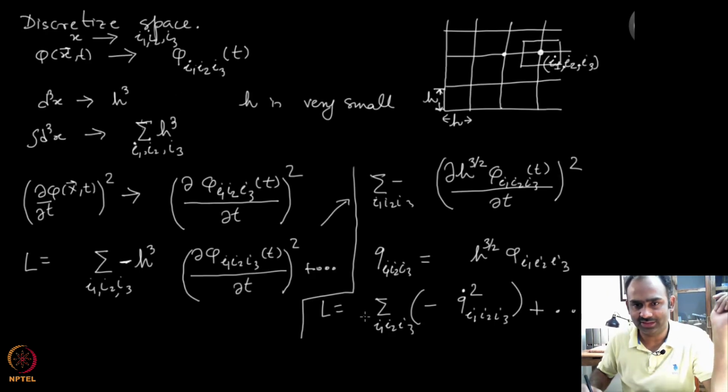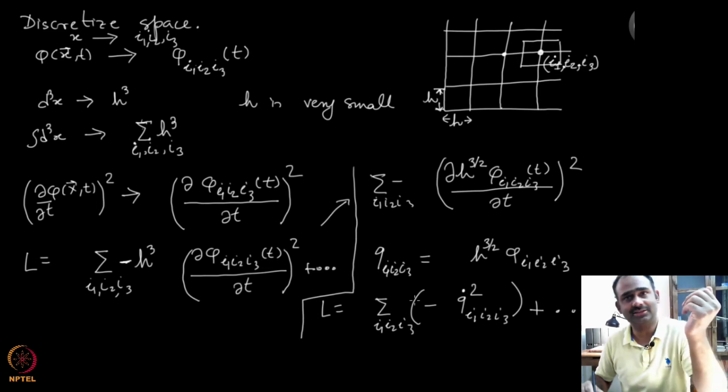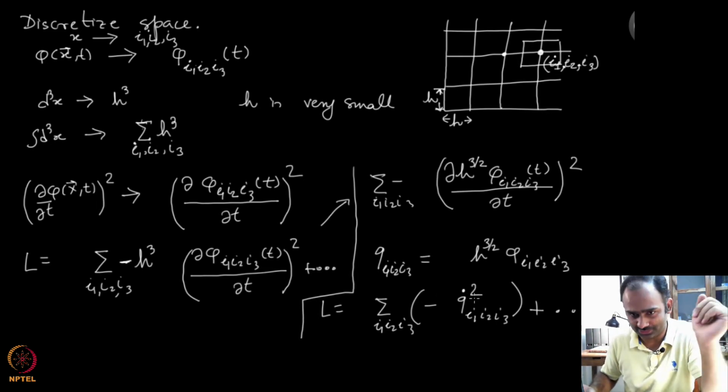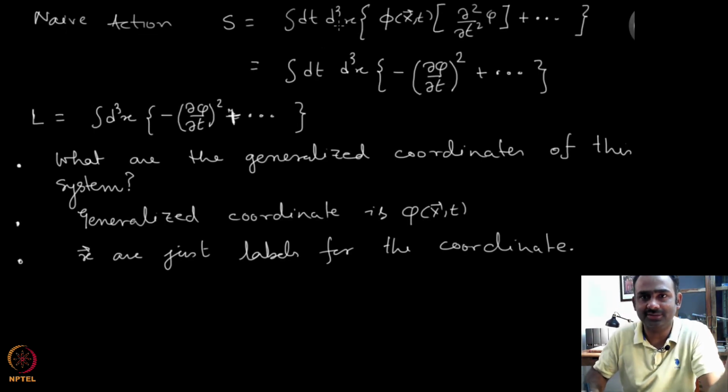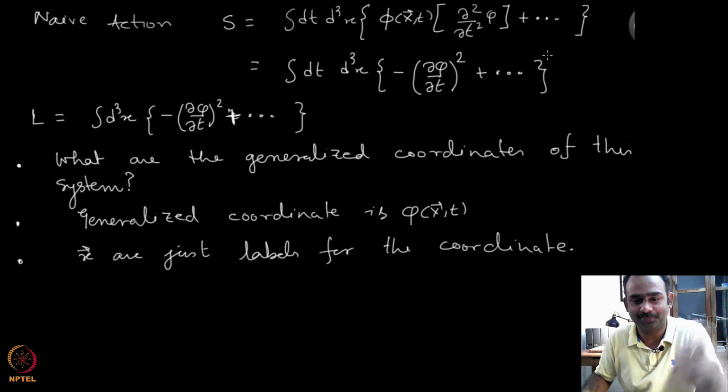The second thing which I want to do is, instead of having q dot squared, I want to have half q dot squared. That's the canonical normalization you have for the kinetic term. That's also easy. You can multiply your action with a half or any constant. That does not change the equations of motion. So I will take the expression which I wrote earlier and multiply with minus half, and then everything is fixed.